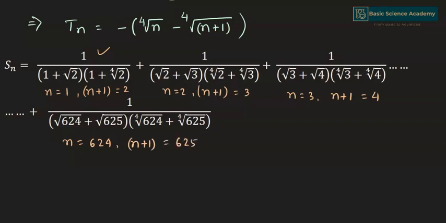Now the sum of the series can be written as: the first term is minus of fourth root of n, which is fourth root of 1, minus fourth root of n plus 1, which is fourth root of 2. The second term is minus of fourth root of 2 minus fourth root of 3.